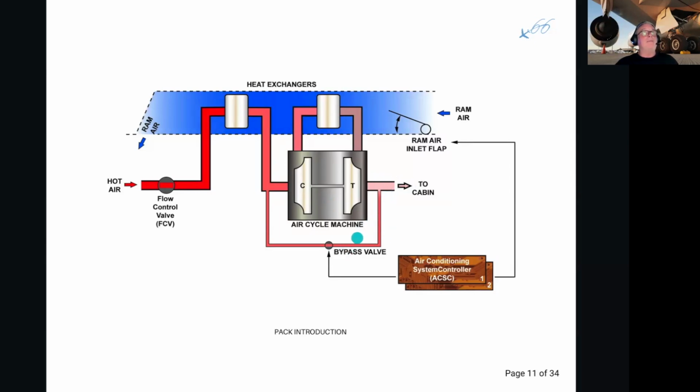Now, all this is controlled by two computers, two air conditioning system controllers, one for pack 1, number 2 for pack 2, which are completely independent and switch on flow control valves, the bypass valve.